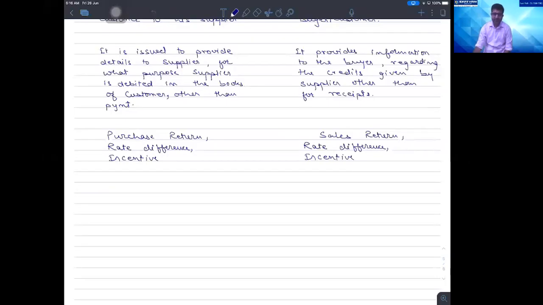So I said that we are going to prepare the purchase return book or sales return book, making use of this debit note or credit note, which is issued by the supplier to the buyer at the time of sales return, and from the buyer to the supplier at the time of purchase return.